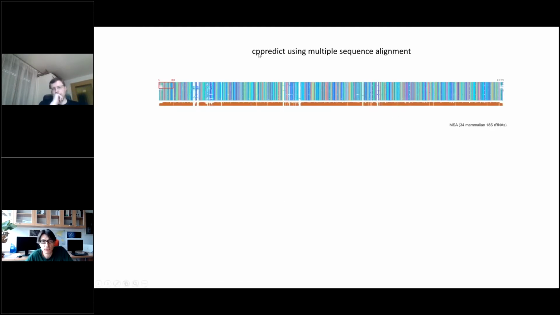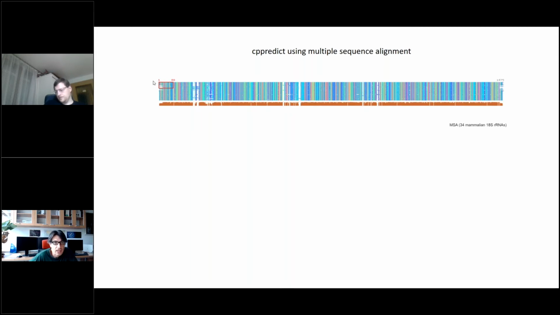The idea of cpPredict, which is a nickname for copy and paste prediction, is that it starts with a multiple sequence alignment. In this multiple sequence alignment, there are 34 mammalian RNAs, in this case 18S ribosomal RNAs that are pretty long, almost 2,000 nucleotides.